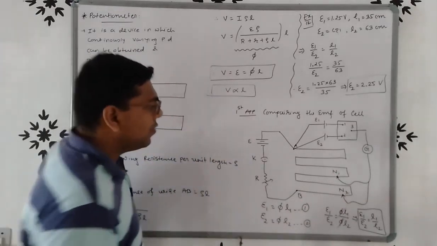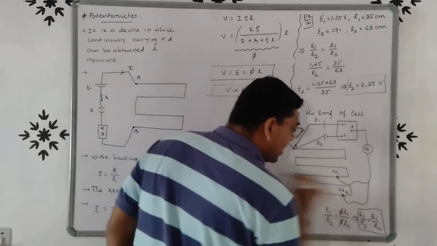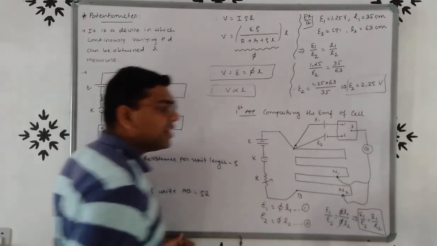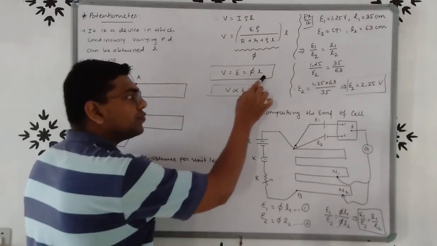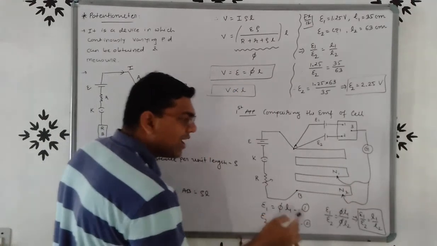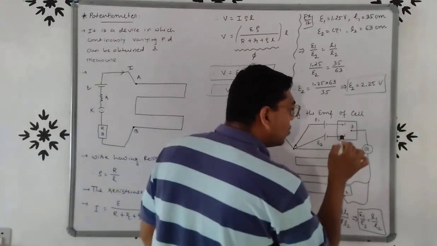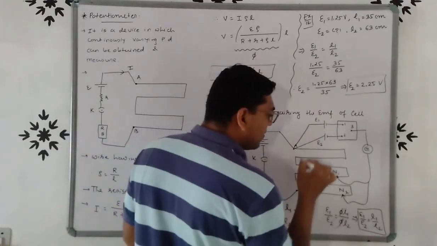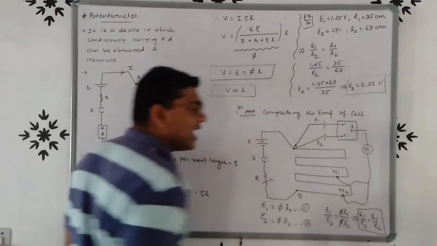Now we move the jockey on the wire from A to B, so we get null point, or balance point, N1. From E is equal to phi L, E1 is equal to phi L1. Now in the second case we connect 2 and 3. Again we move the jockey from A to B, so we get null point, or balance point, N2.